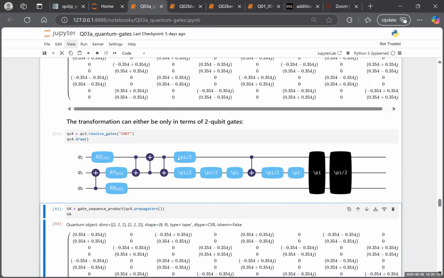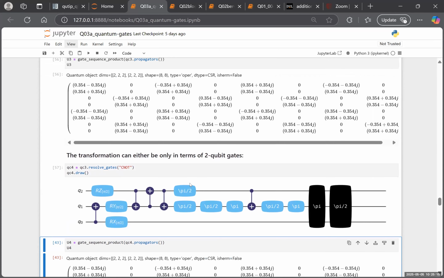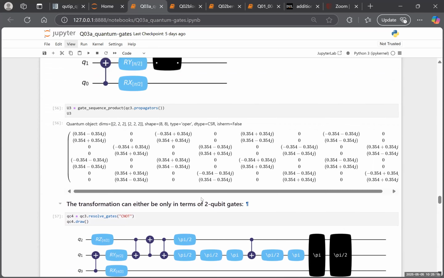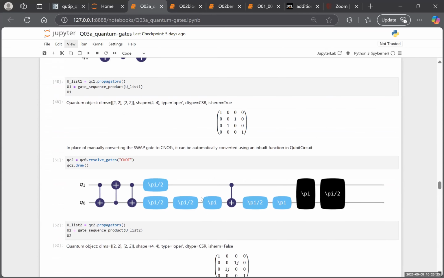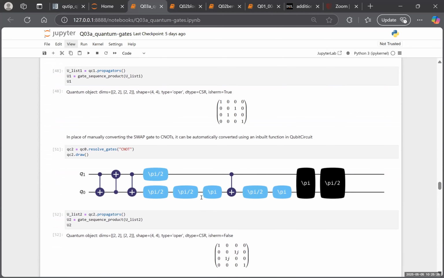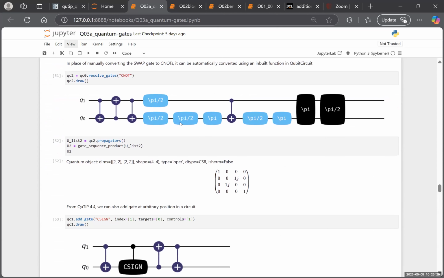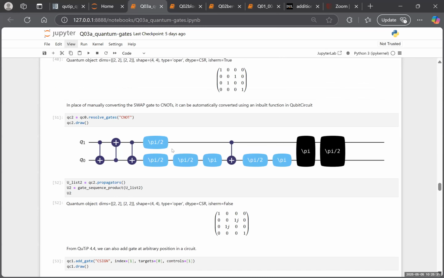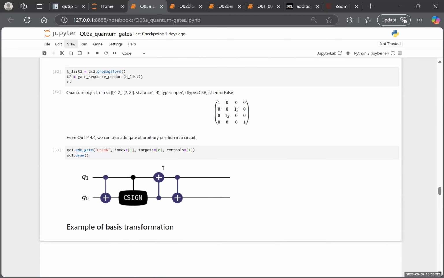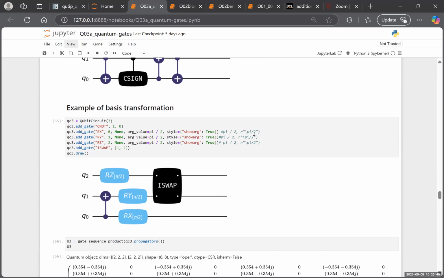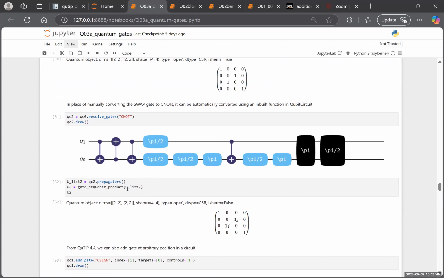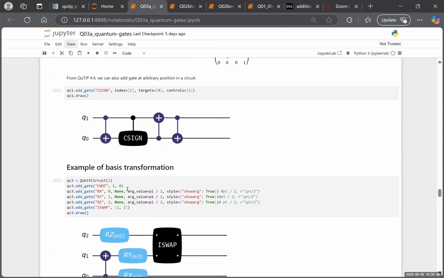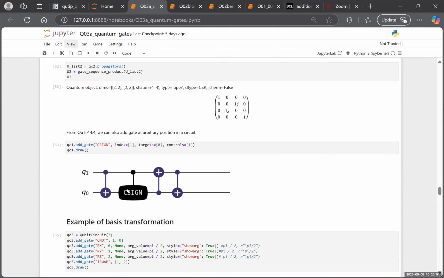Somehow when you let it resolve, it throws these weird outputs that do not have the gate names, only the parameter, this R notation there.